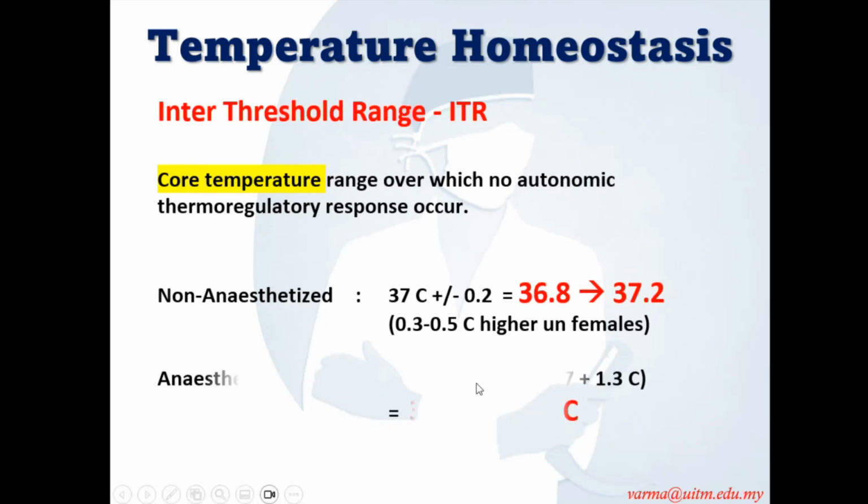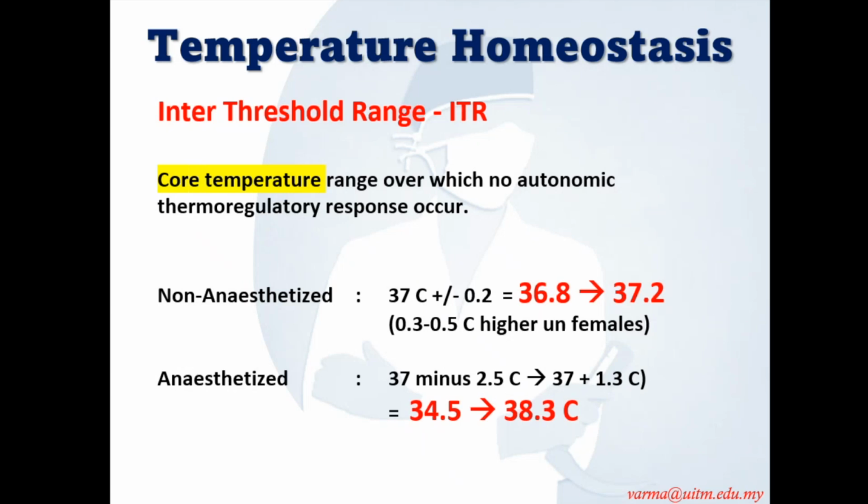Whereas in an anesthetized patient, you have to wait until the temperature drops to 34.5 degrees Celsius and below, or the patient has a fever of 38.3 degrees Celsius and above, before the thermoregulatory response gets activated. In an anesthetized patient, the thermoregulatory mechanism is compromised.